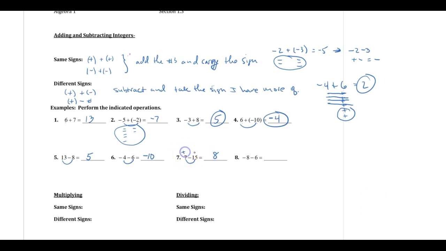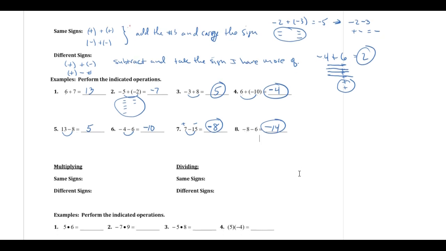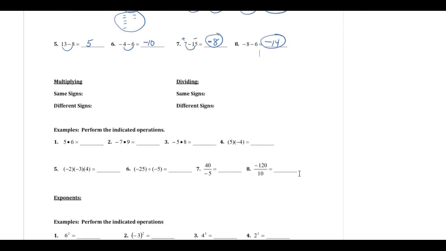I have 7 positives, 15 negatives. What do I have more of? Negatives. So that would be -8. Then the last one, -8 minus 6, same signs. So I add them together. They're all negative, so it's -14. Okay? So adding and subtracting integers has very simple rules. You just have to know same or different signs.